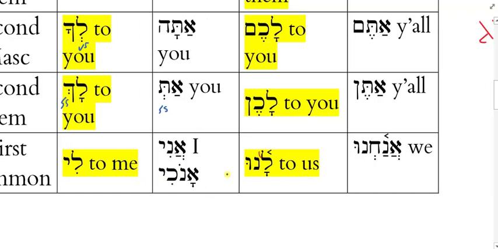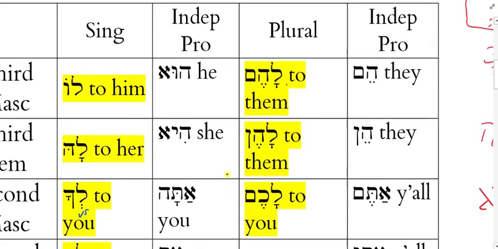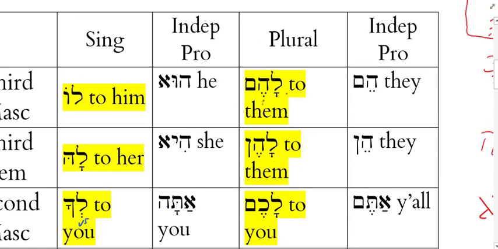Let's look at the plural forms of the pronominal suffixes. Lahem, say that with me. Lahem is to them, and the them is masculine plural. The independent pronoun, hem. You see some similarities? Yeah, it's just I've got a long E, I have a short E. But it's pretty much the same. Hem.